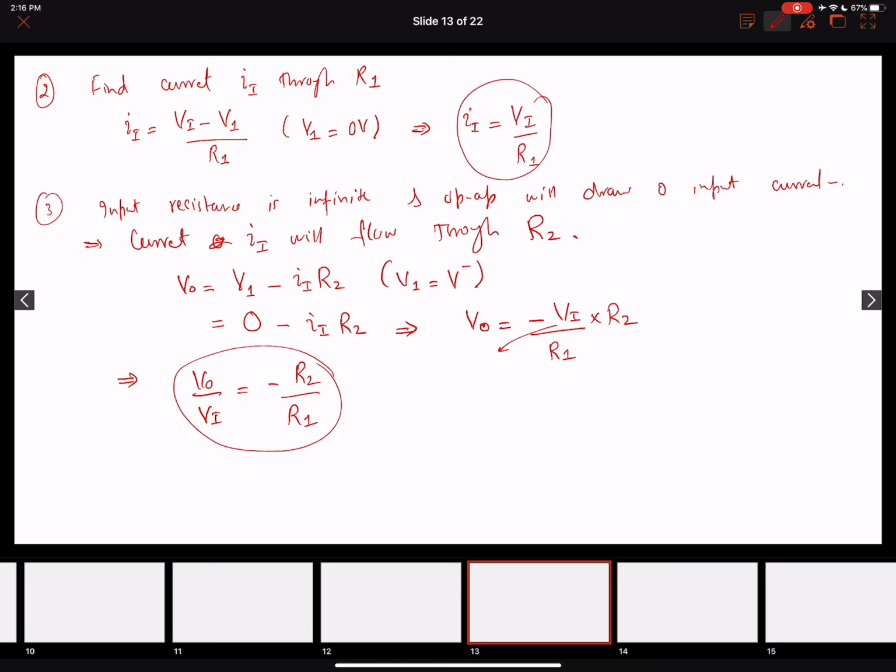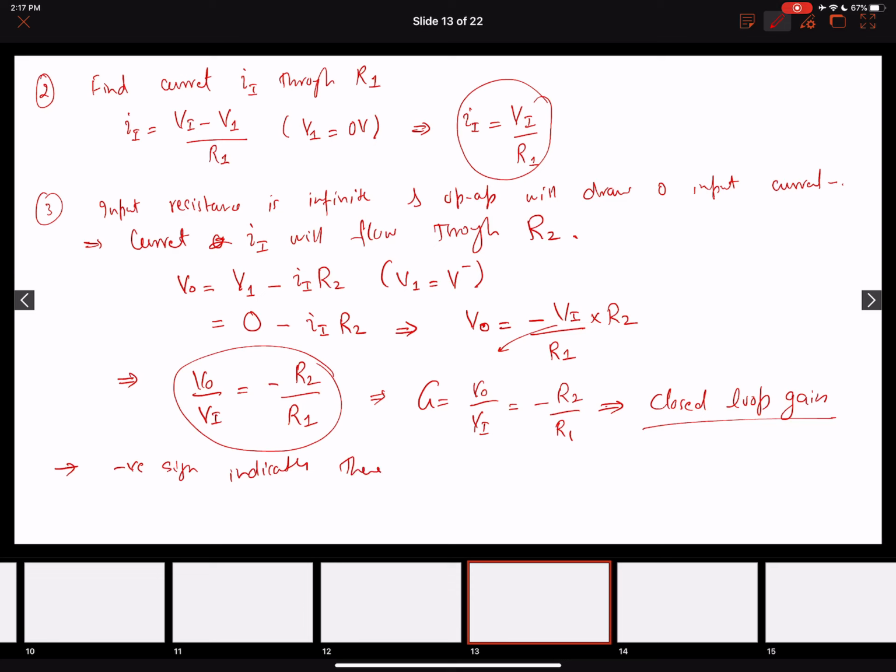Alright, so this is the gain that we wanted to find, the closed loop gain. V naught over VI equals minus R2 over R1. This was the closed loop gain of the inverting configuration that we were interested in finding out. Note the negative sign over here indicates the output will be 180 degree phase shifted.